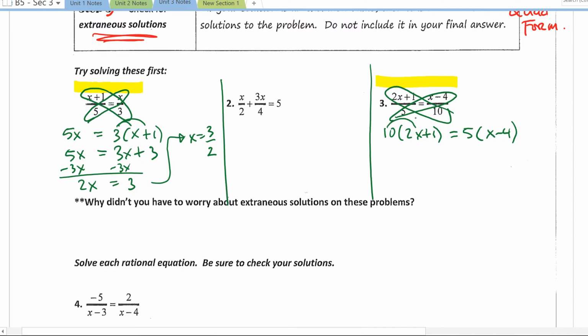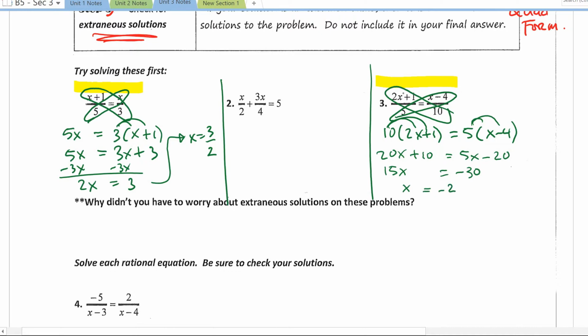So there's 20x plus 10 equals 5x minus 20. Subtract 5x from both sides and we get 15x. Subtract 10 from both sides, we get minus 30. Divide by 15, and x is equal to negative 2.